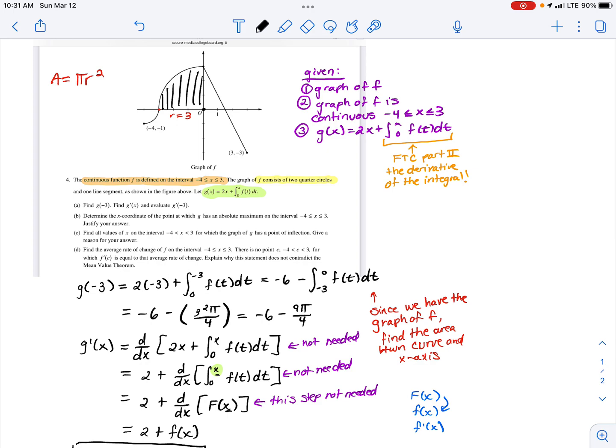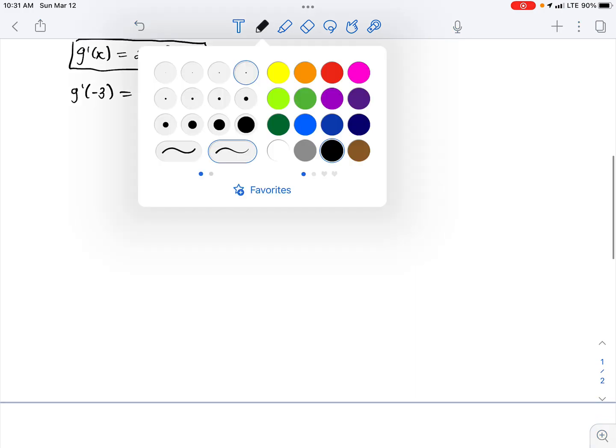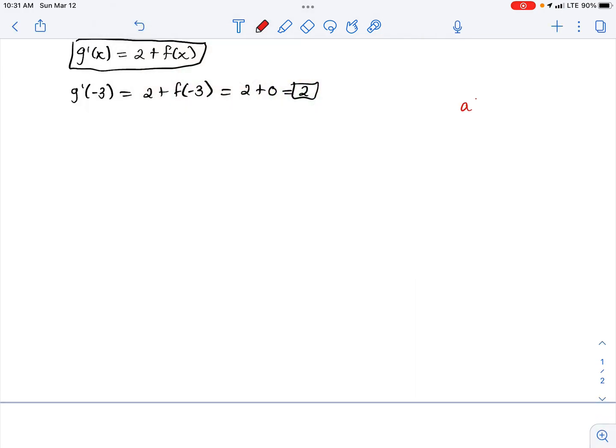So now I'm going to determine the x-coordinate of the point at which g has an absolute max on the interval from -4 to 3. And you need to justify your answer. So when you're finding the absolute max and min, I'll write that over here. So for absolute max/min, here are our steps.